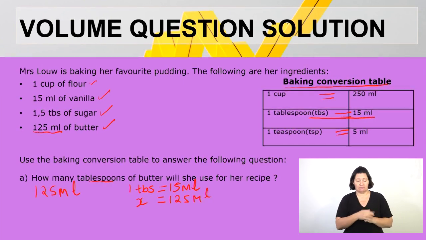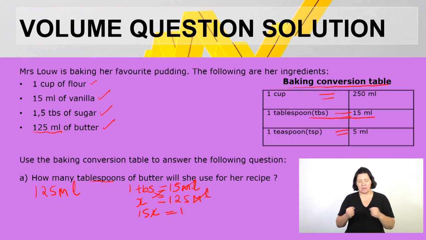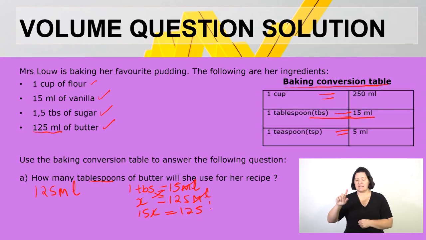Remember, we keep units that are the same on the same side, and we cross multiply. So this milliliter will cancel that milliliter. Then we say x multiplied by 15 gives us 15x, which is equal to 1 multiplied by 125, which gives us 125 tablespoons.